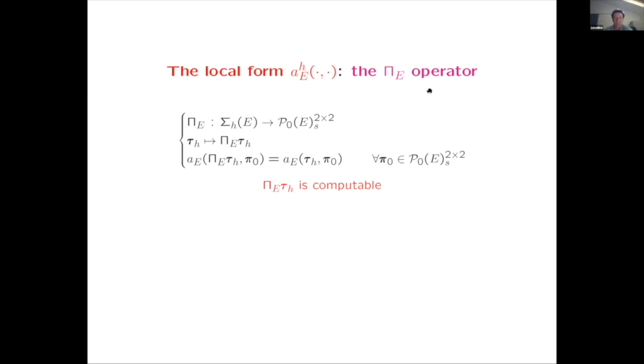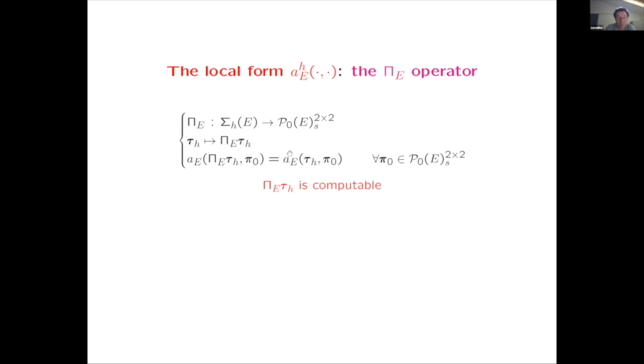So this means that you first need to introduce a projection operator onto, in this case, constant functions. So I would say the Hellinger-Reissner version of the pi nabla operator in the framework of the Laplacian problem. Okay, but this is done in a pretty standard way.